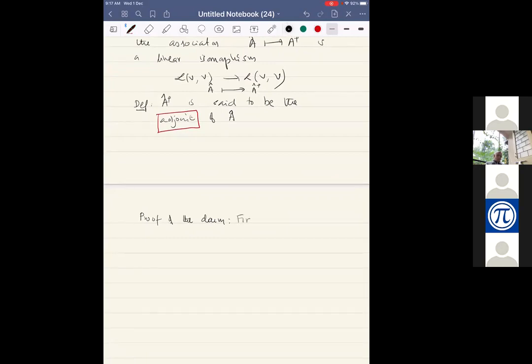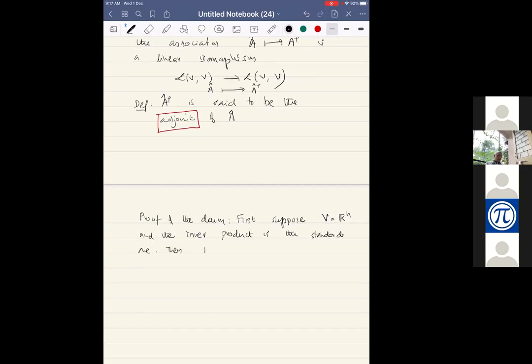First, suppose V is R^n and the inner product is the standard one.